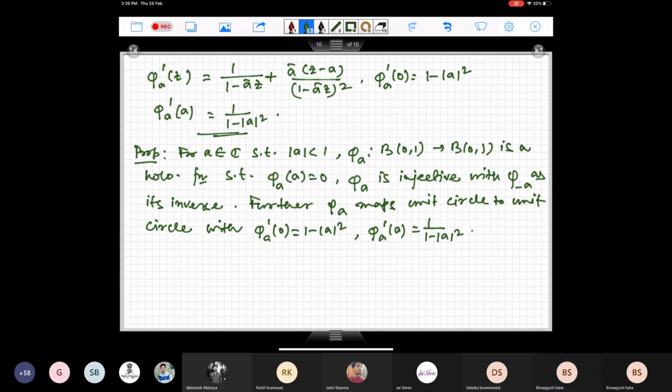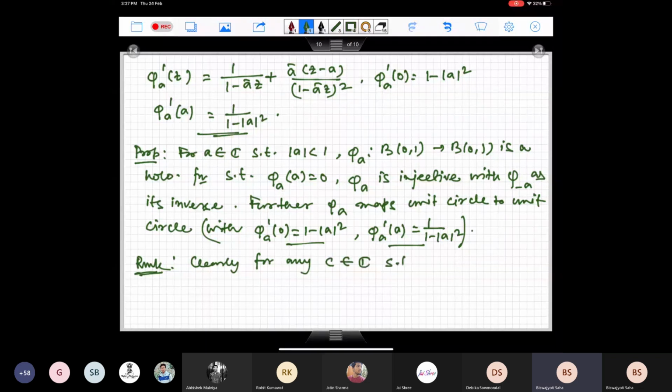Except for these derivative conditions, so remark, I am putting this in brackets because that is particular to this function. If I change it by a constant, these values will change. So the remark is: for any other complex number c whose absolute value is equal to 1, the function c times phi a has the above properties.